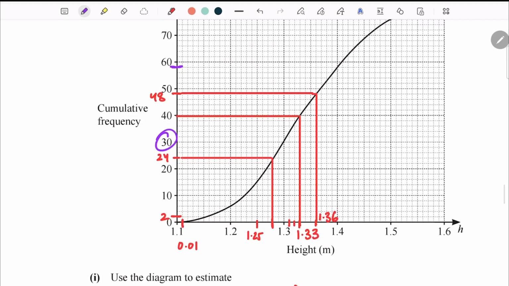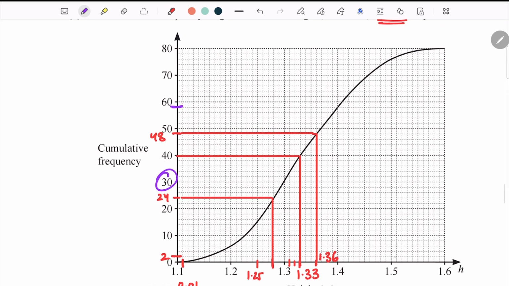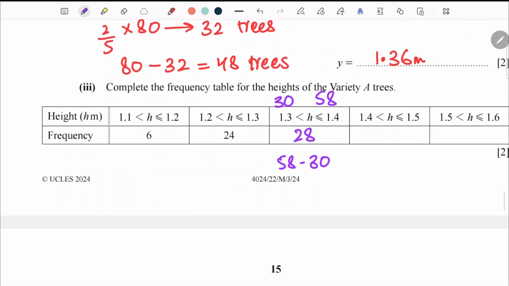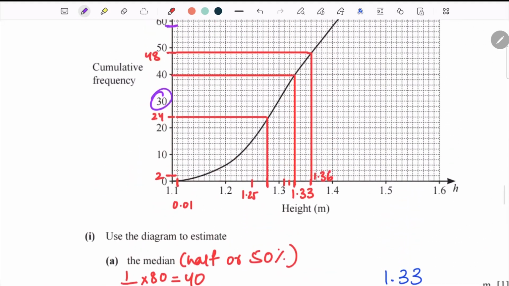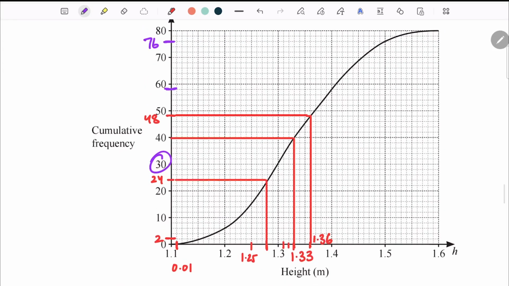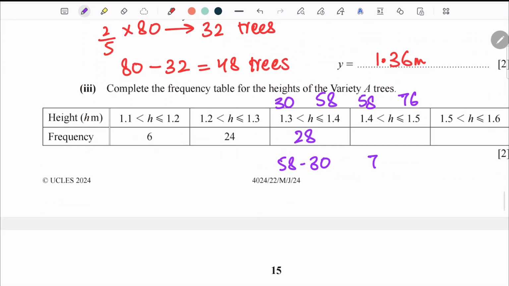At 1.4 it's 58 and at 1.5 it is 72, 74, 76. So 58 and 76. So I'm going to subtract 58 from 76.